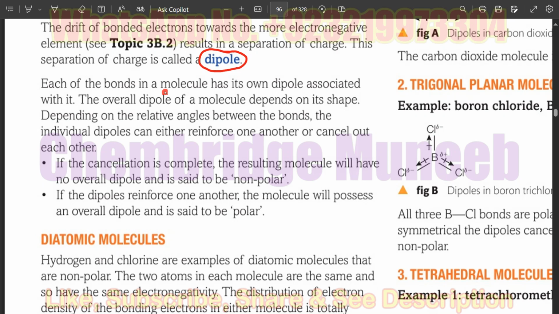A molecule can be polar as well as non-polar, and also its bonds can be polar and non-polar. Like the bond between A and B, it can be polar or it can be non-polar. Moreover, a molecule of A and B, the whole molecule can be polar or non-polar. Is that clear?